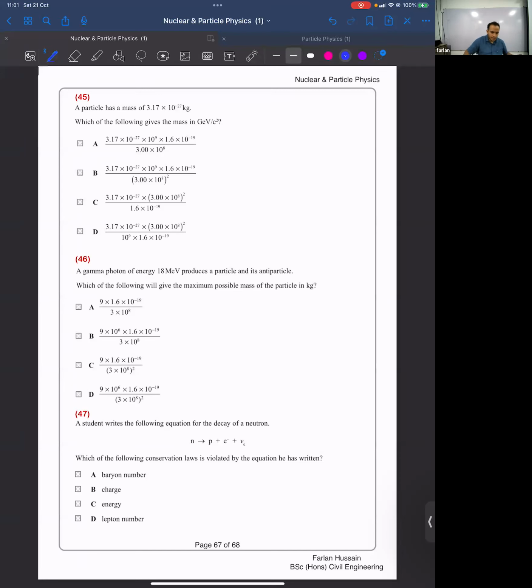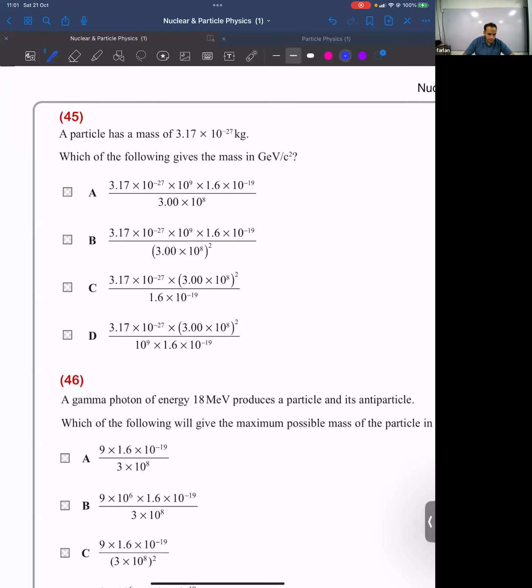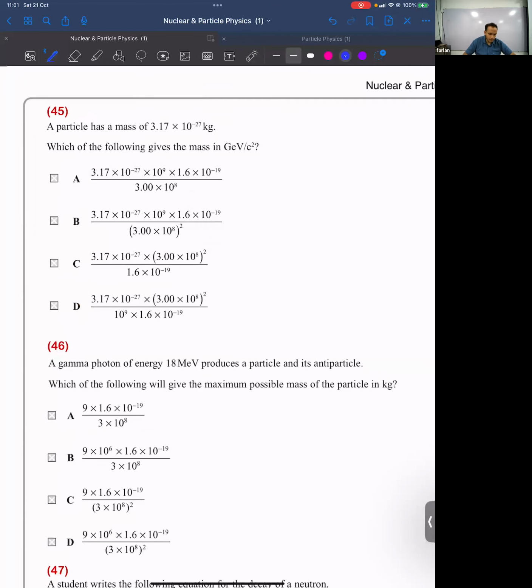Right, guys. A particle has a mass of 3.17 into 10 to the power minus 27 kilograms. Which of the following gives the mass in giga electron volts over c square? Now look at this.